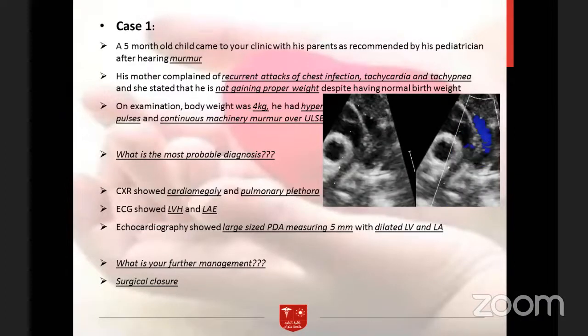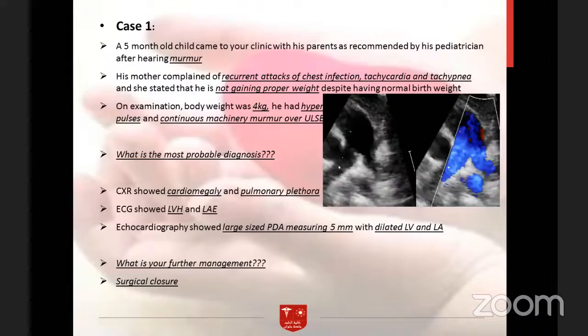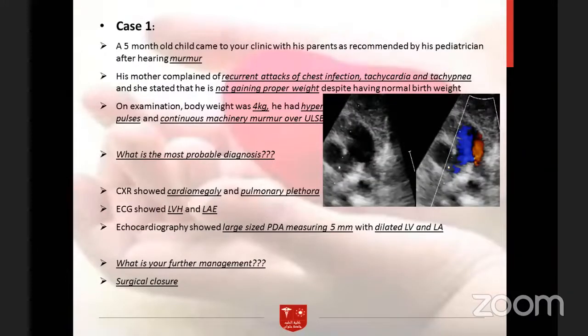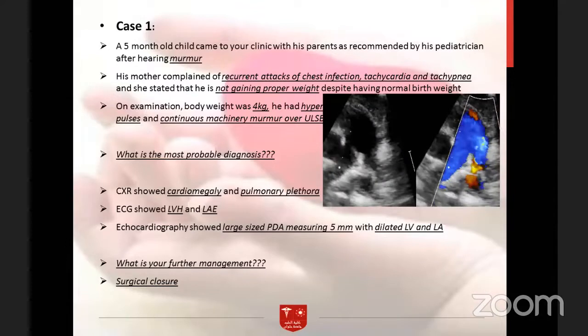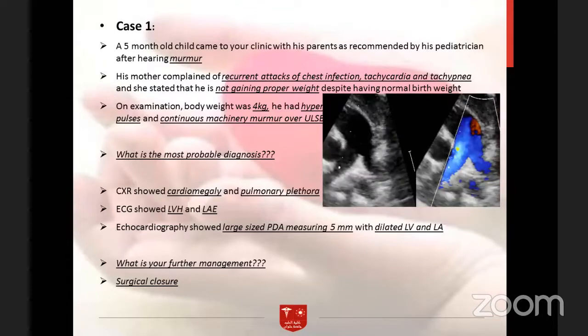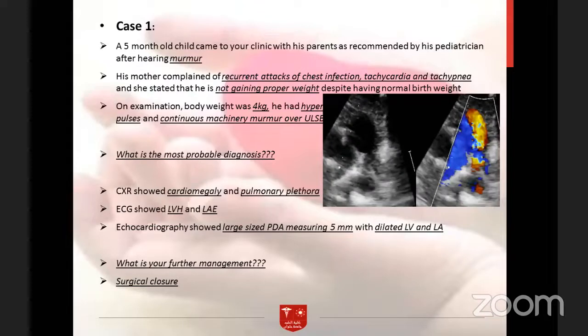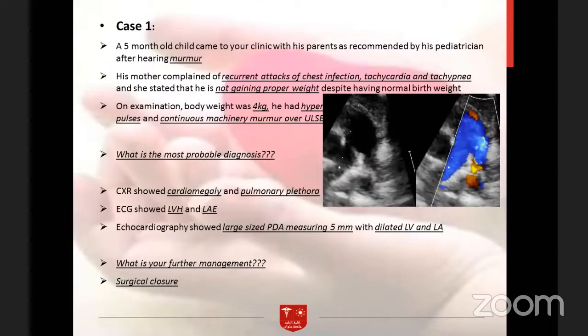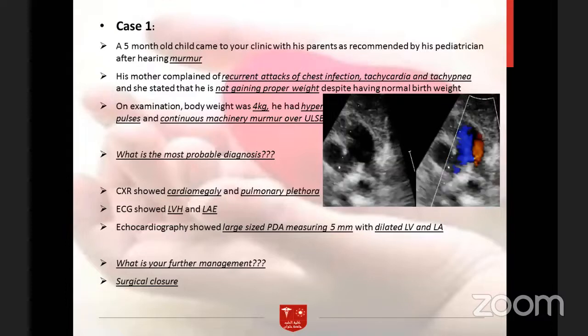The techniques are either ligation or division, and ligation has the complication of residual shunt, so division is preferred. However, when the duct is window-shaped or very short, it may affect the surgical decision.